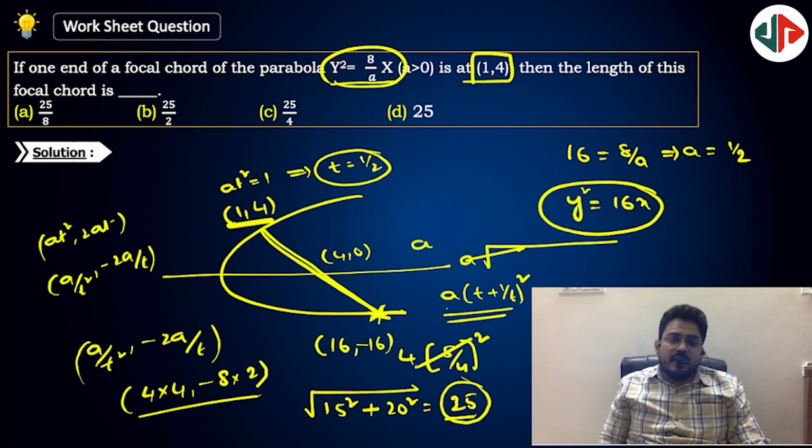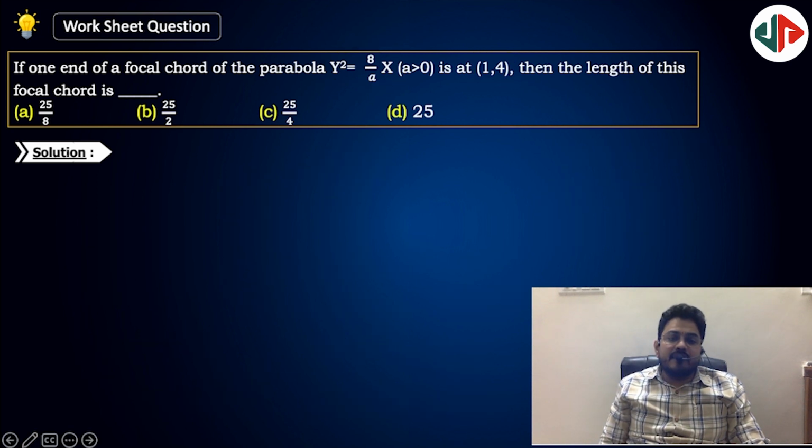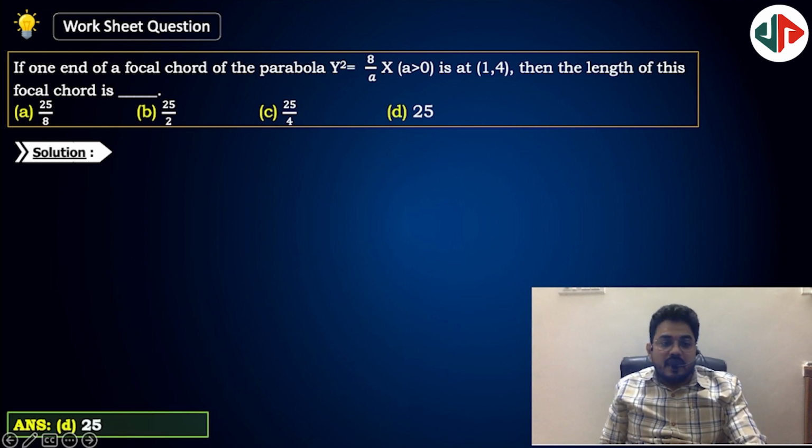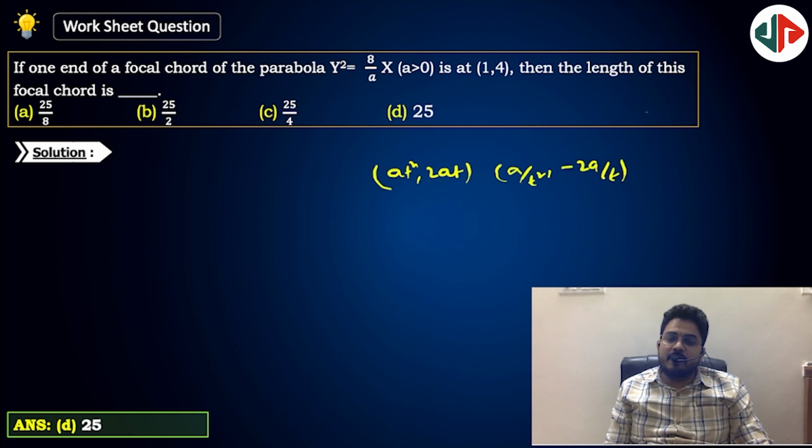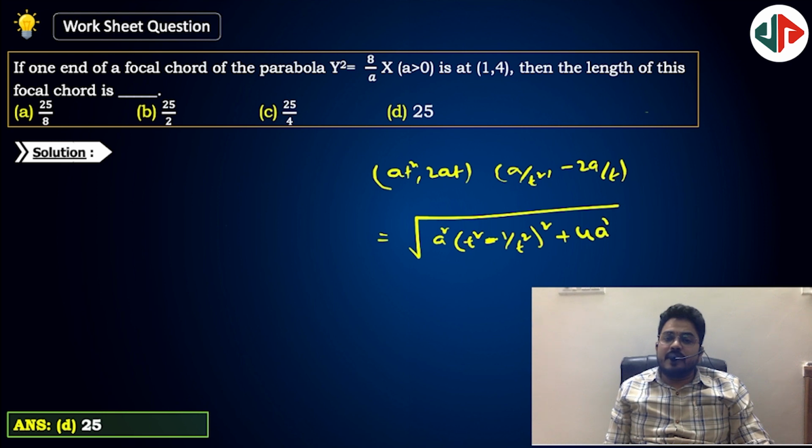Okay. So you can also remember the formula directly. What is the length of the focal chord? That is the formula I am giving here. At square comma 2at is 1 point. A by t square comma minus 2a by t is another point. That focal chord length is equal to root over a square into t square minus 1 by t square whole square plus 4a square into t plus 1 by t whole square.